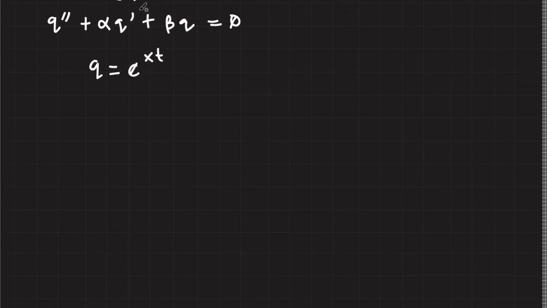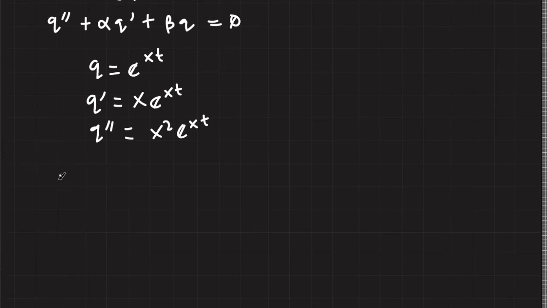If we calculate q prime, we have x e raised to xt, and q double prime is x squared e raised to xt. So let me plug this expression into our equation.